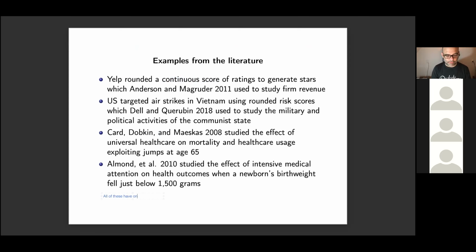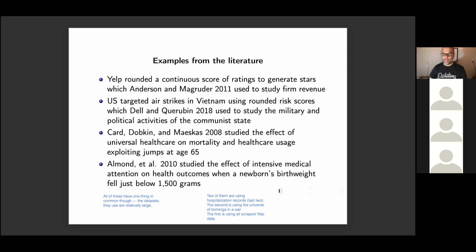All of these have one thing in common, though: the data sets they use are relatively large. The last two are using hospitalization records. The second one is using the universe of bombings in a war. The first is using all scraped Yelp data.